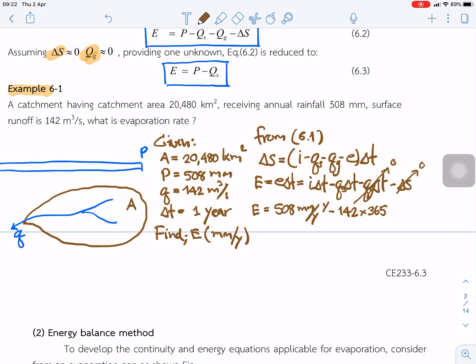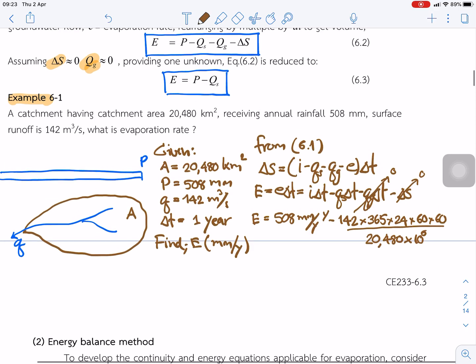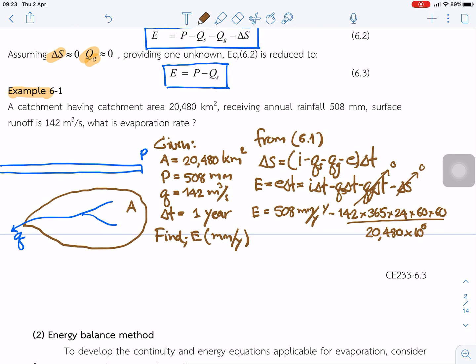In a year we have 365 days, 24 hours, 60 minutes, and 60 seconds per minute. So we divide by the area changed to square meter. So above is cubic meter and below is square meter.